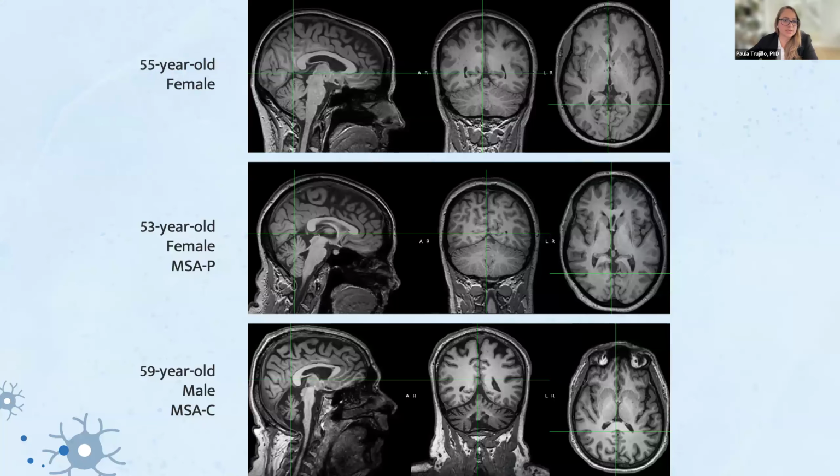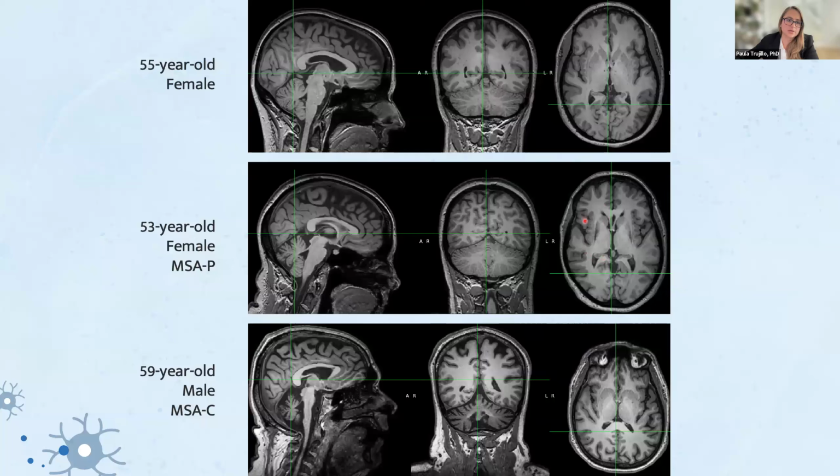So to finish this section, I just want to show you some examples of a T1 weighted MRI for three different people. On the top, we have a 55-year-old female with no neurological disorders. On the second row, I'm showing the T1 weighted images for a patient diagnosed with MSA-P. And this image reveals atrophy of the putamen, which you can see here on the axial slice.